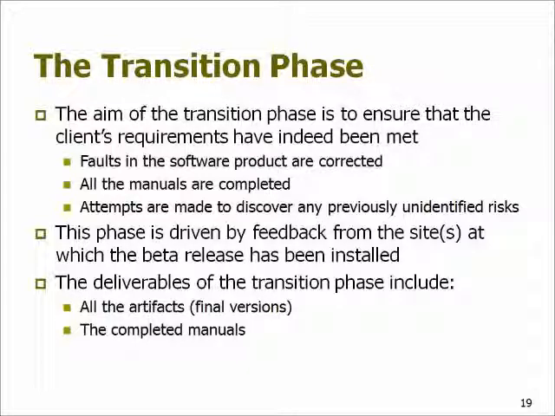Construction phase already gives us a functioning product, the so-called beta release, which means that the software is functioning, but it hasn't been used in real life context. The transition here means that all these final activities are done, faults related to actual environments are corrected, manuals, training courses, tutorials, things like that are completed, and also all the artifacts are done.